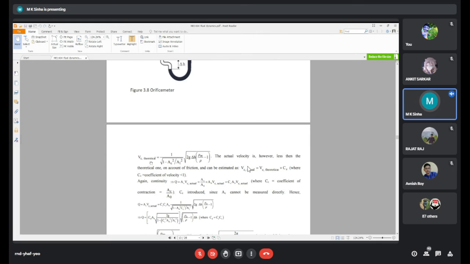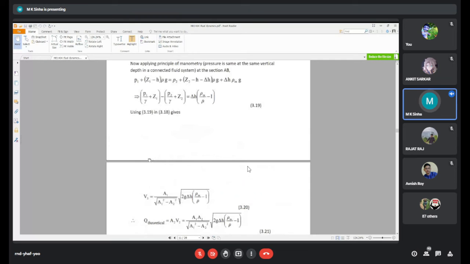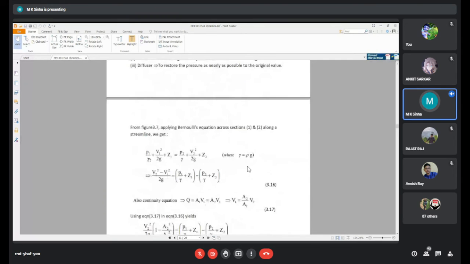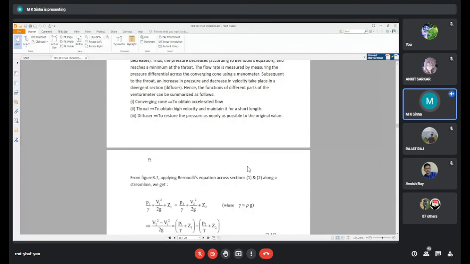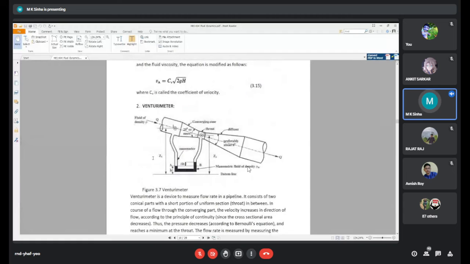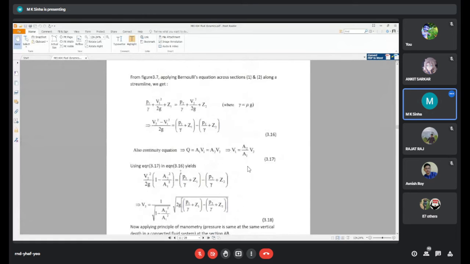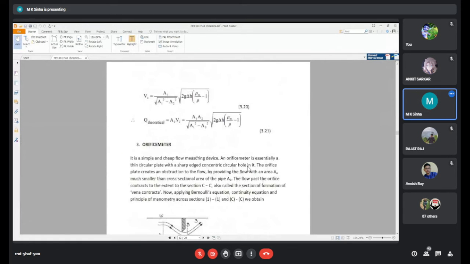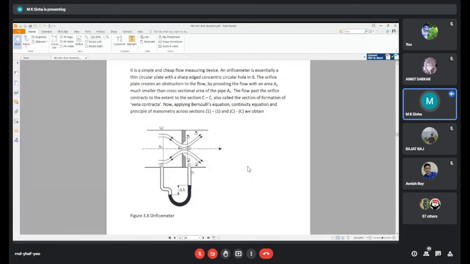Always remember, all the velocities we got from these relations are theoretical, not actual. In the previous case with the Venturi meter, we used point 2, meaning the throat, but here it is at the vena contracta, not at V naught.